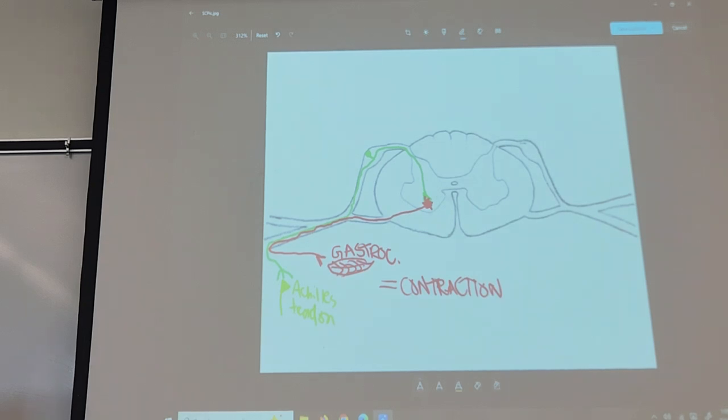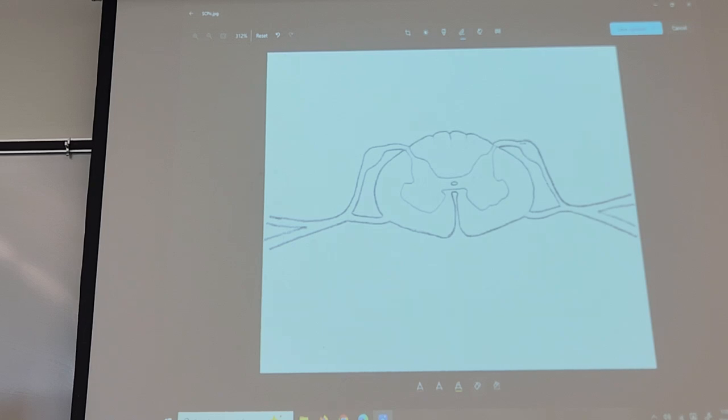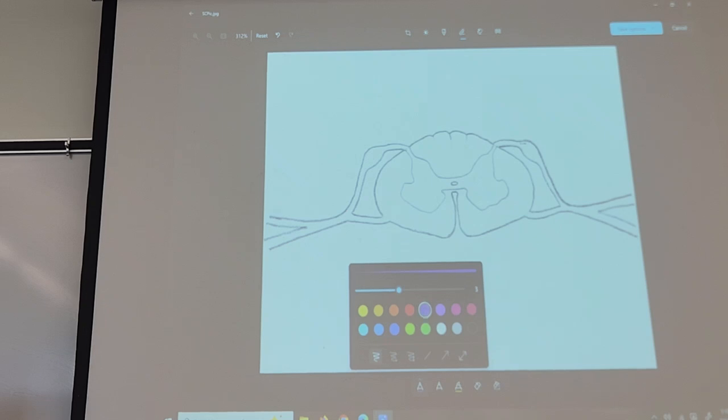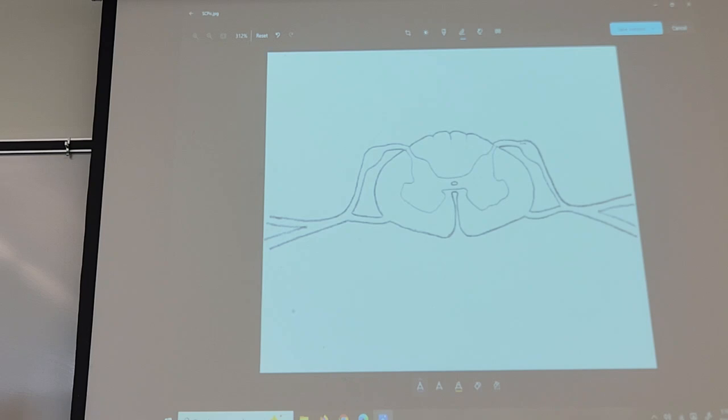Okay, so now let's draw a polysynaptic. Okay, so for polysynaptic, colors are relevant here, so I'm just picking colors. Let's see here.